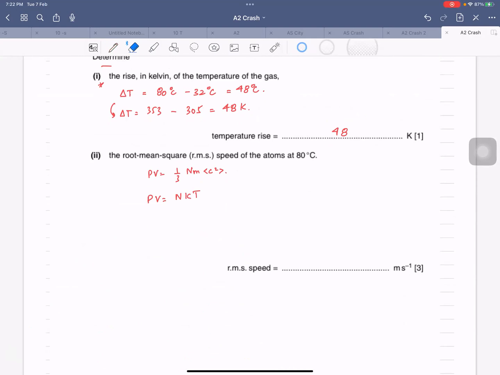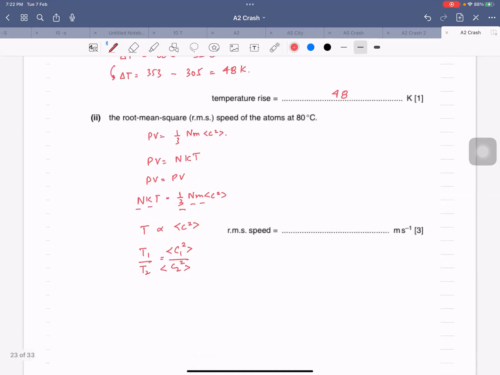So NKT equals 1 by 3 NMC square. N, K, M are all constant, so T is directly proportional to C squared, which means temperature 1 over temperature 2 can be written as C1 squared over C2 squared.